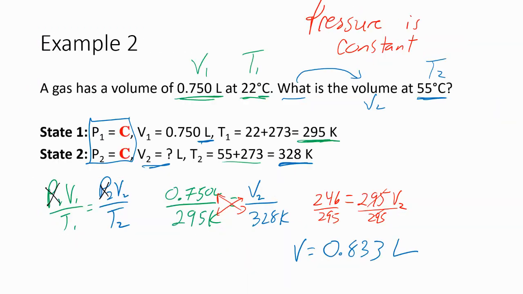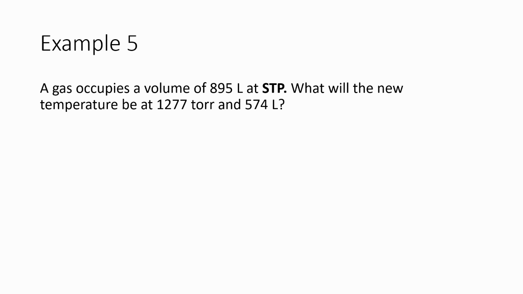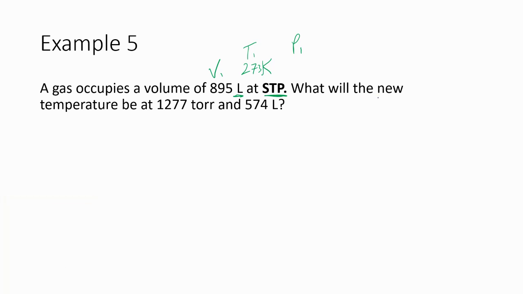So when we're doing this, all right, we have a volume. Here's our liters, so that's our volume. STP, we know the Kelvin is 273. That's our T1. What we don't know is our P1 yet because we've got to keep reading. So we keep reading, and then the second situation this gas is in, the new situation, is torr.